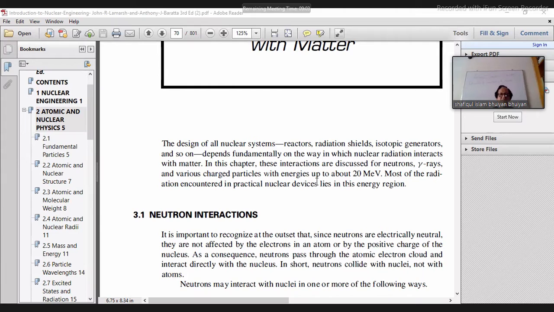Since the electron is a charged particle and the neutron is an uncharged particle, the neutron can definitely penetrate the electron cloud and interact with the nucleus, not the atom. So the neutron interacts with the nucleus, that is, the nucleons, the protons and neutrons of the nucleus.